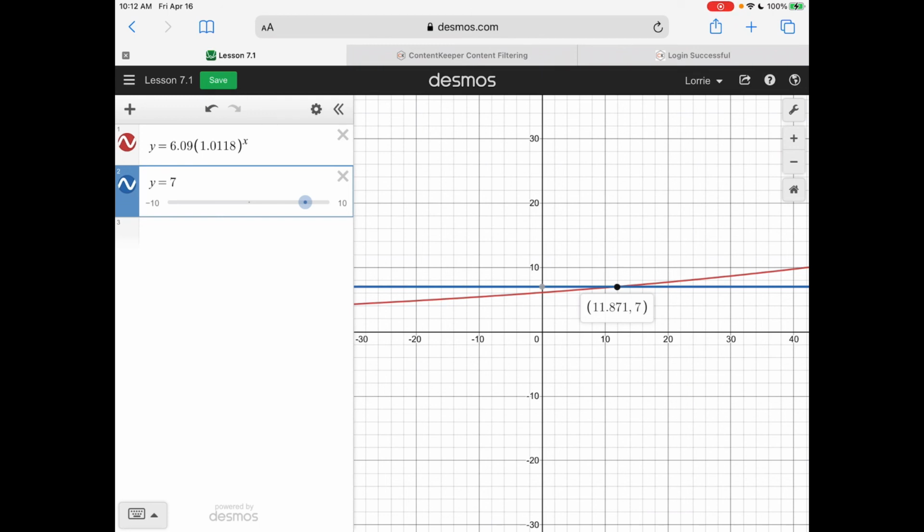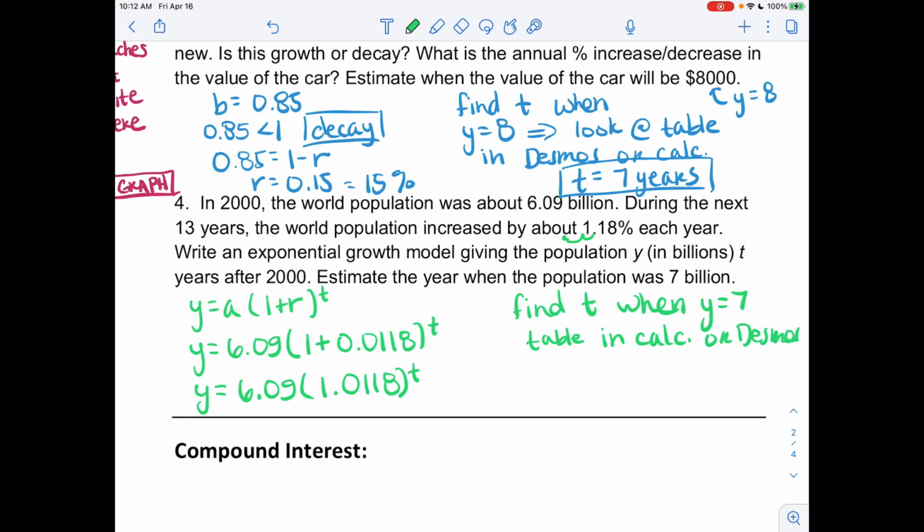So we'll call it 12 years just to use nice round numbers. Again, you could look at the table if you'd like. So our t value is 12, but remember that that is the number of years after the year 2000. So that means we need to add 2000 plus 12, so the year will be 2012.